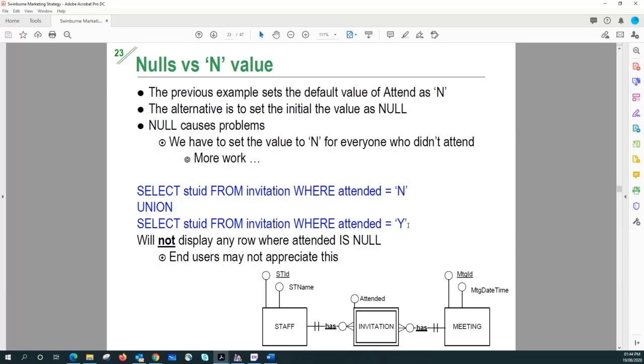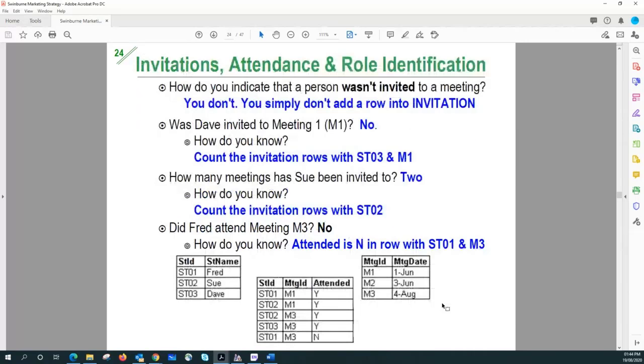So very easy, right? But if I use null, the null values will not be displayed in our report. Otherwise, I need another select statement to display the not null values. So it's too much work for us, so you don't need to do that in this sort of situation.